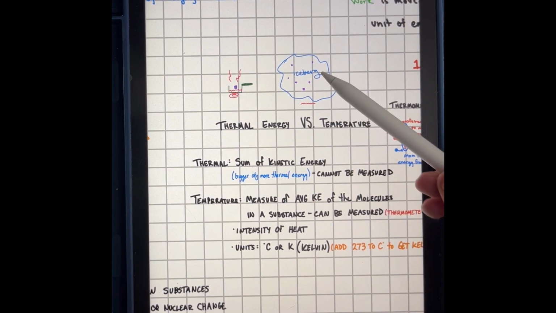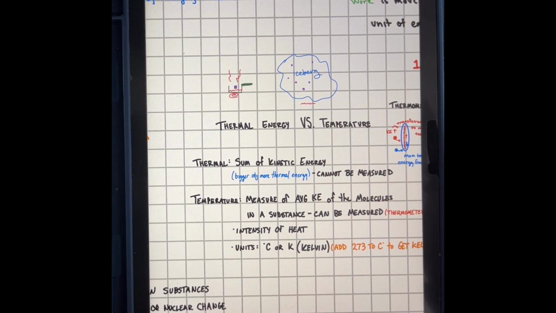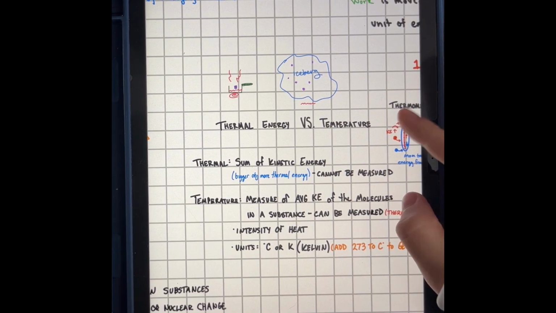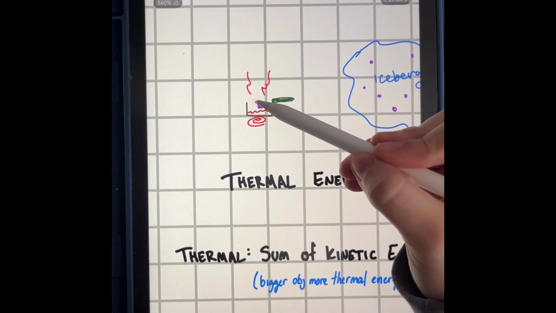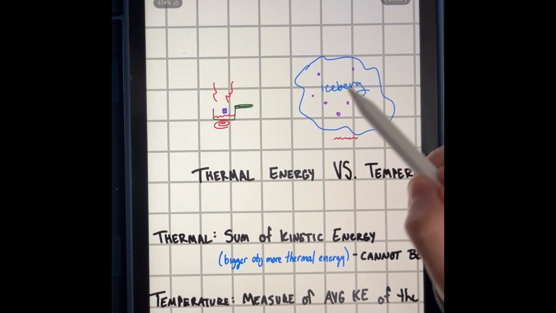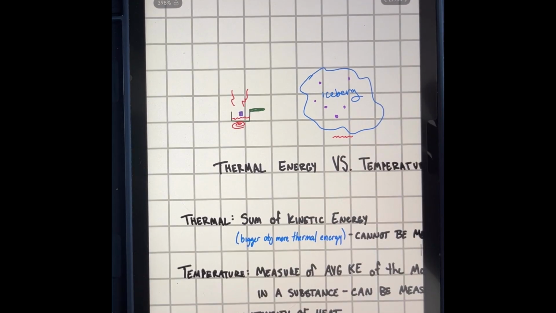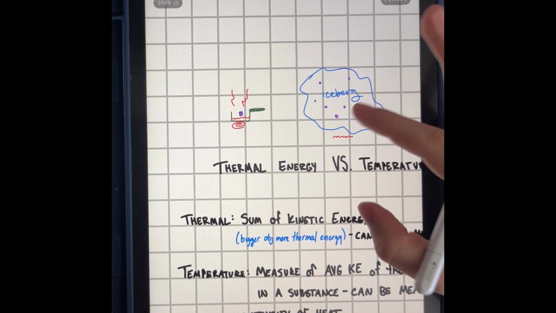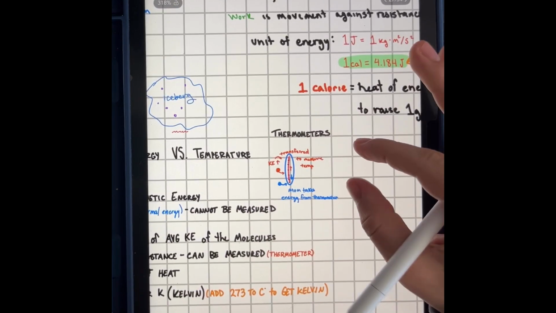So in this one we have fewer molecules, so our average will be between just these 3 molecules, versus here it'll be between these hundreds of molecules. So it'll differentiate like that. I've explained it better before, but anyways, let's go into thermometers, how they work.